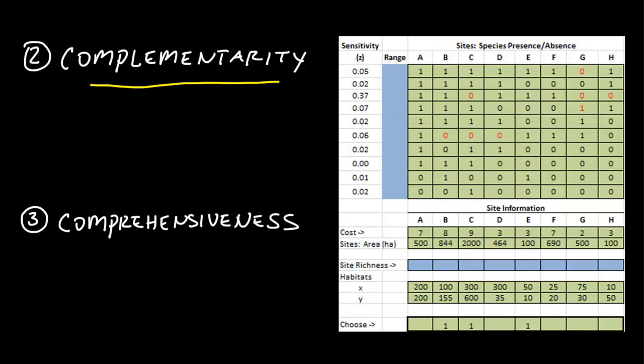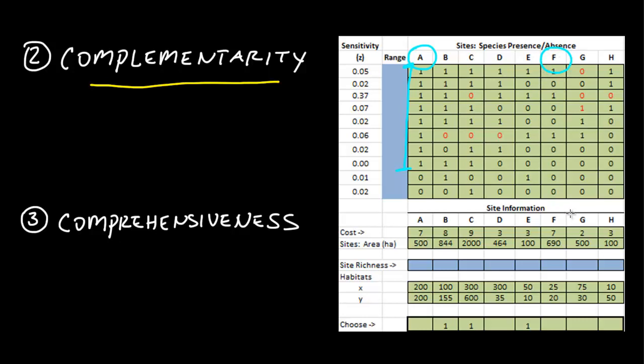So let's look at the data that we had here. If we consider site A, we know site A had the first 8 species. If we were to select a complementary site to site A, would F be a good choice? Well, probably not.